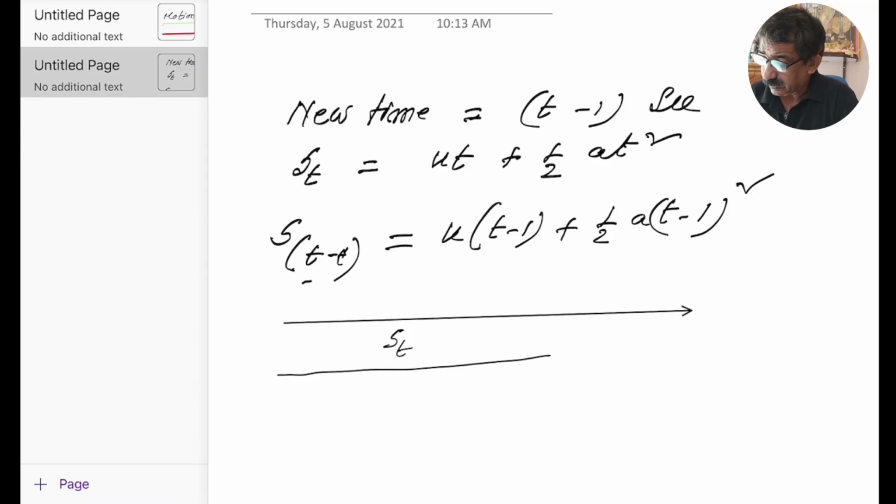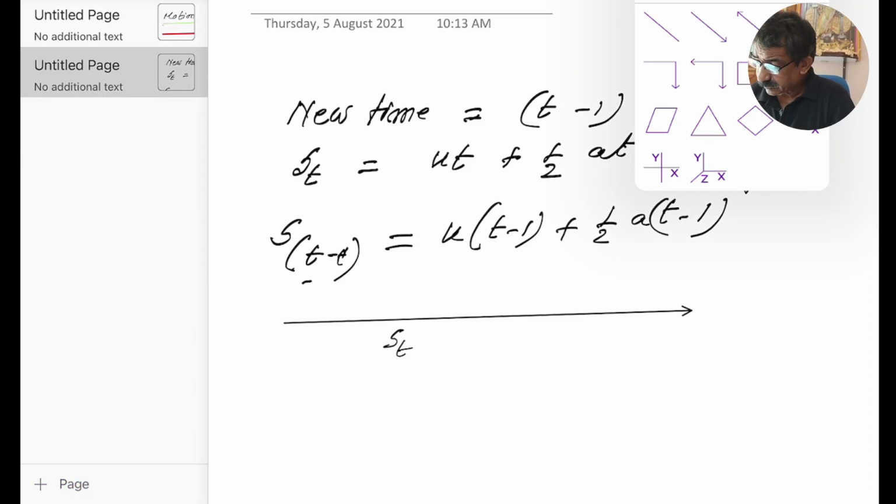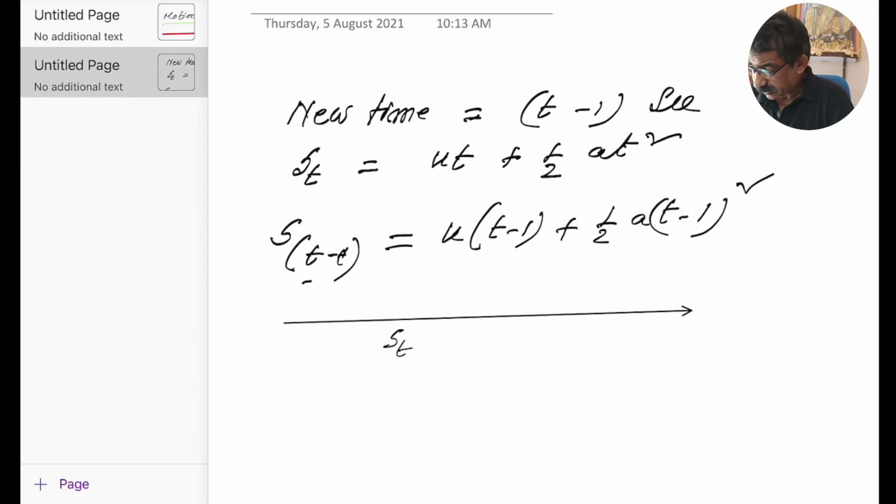So this distance is equal to s suffix t minus 1.